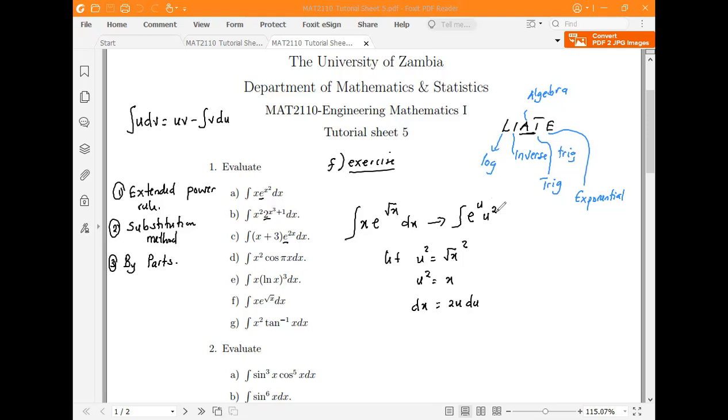And then you have dx, which is what? dx is 2u du. So the whole setup now changes. We are dealing with 2u³ e to the power u du. So it's like you have a question like x to the power 3 e to the power x.